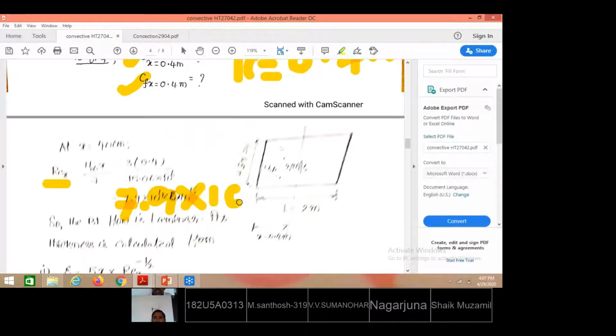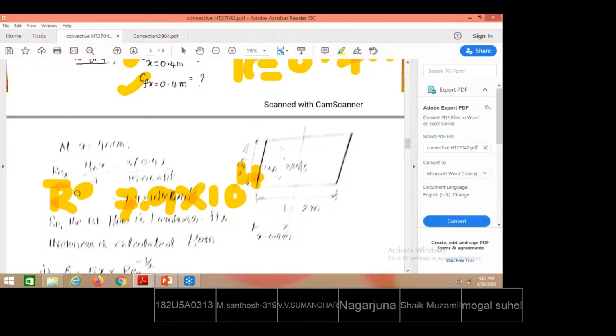While scanning, the quality of lettering has gone. Once the Reynolds number is estimated, it is found to be 7.9 into 10 to the power 4, which is less than 5 into 10 to the power 5.